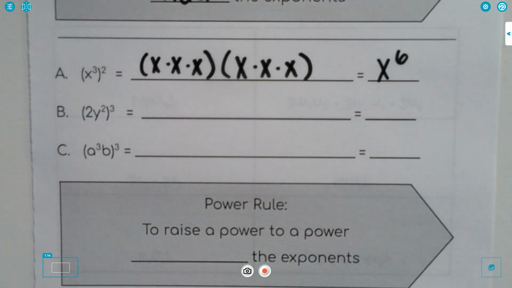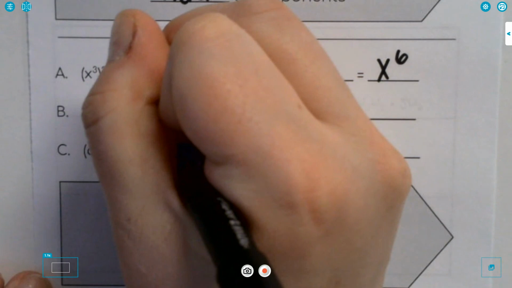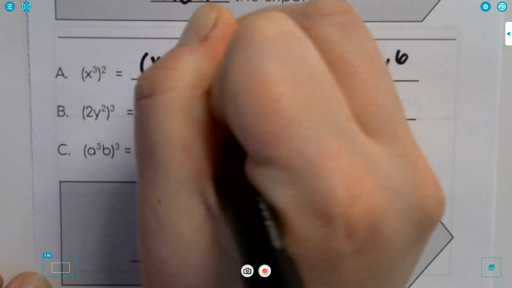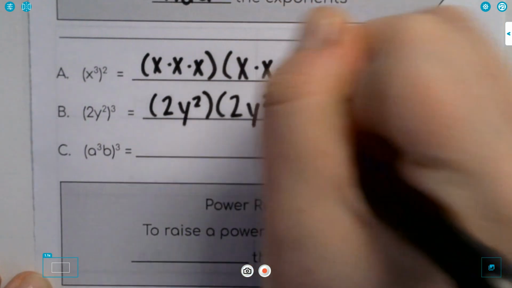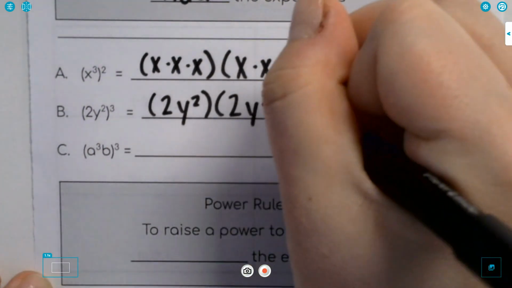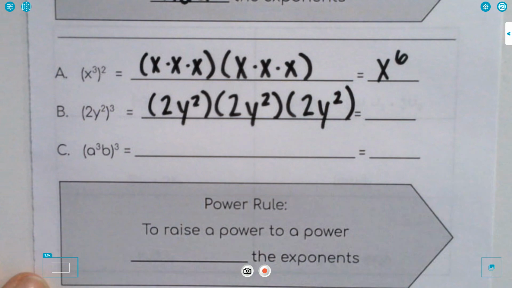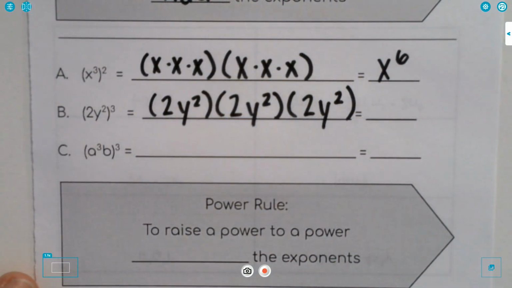All right. Next one, instead of writing out the y squareds, I'm just going to leave it as y squared. So we've got 2y squared to the third power. So what that's going to look like if we expand it is 2y squared times 2y squared times 2y squared. Okay, I want to deal with those coefficients, those big 2's first.